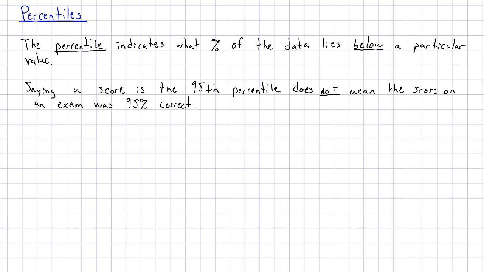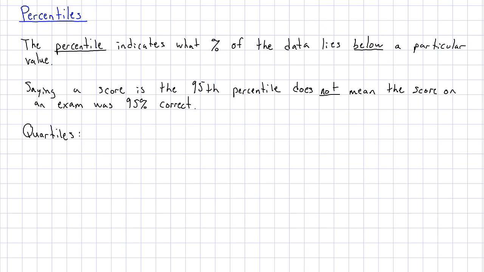So we have this idea that the percentile is what percent of data lies below a particular value. We also have what are called quartiles. And these are really just special words for specific percentiles.